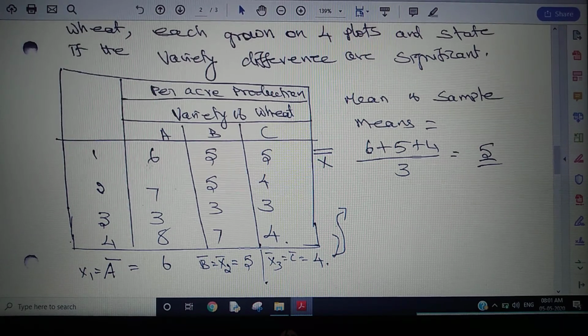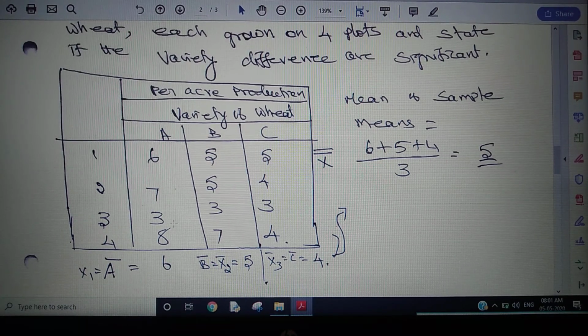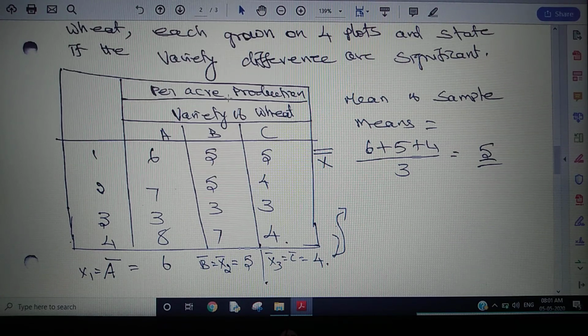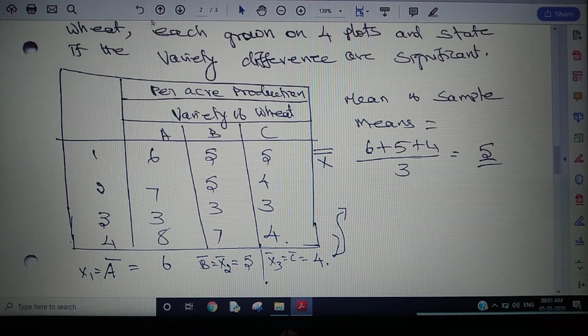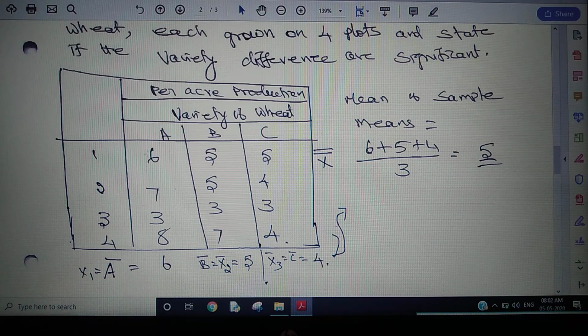Within variety A there may be a variation, and again within variety B and within C there may be a variation. Another thing: is there any variation between variety A and variety B, between A and C, or between B and C? The variation within A is within, but when A is compared with B, it is between.